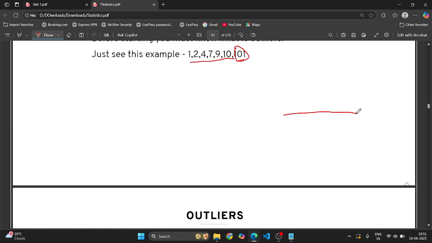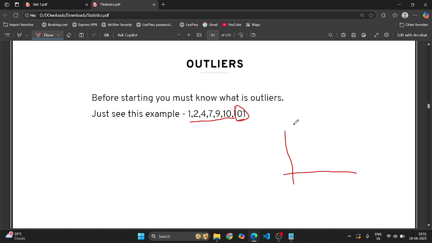If we plot the graph, all the data points are here, near 1 and 2, and 101 is over here, so this point will be the outlier for us.